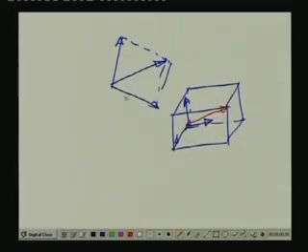So, either in a 2 dimensional plane or in a 3 dimensional plane, this configuration, which is the parallelogram of forces, must be satisfied.